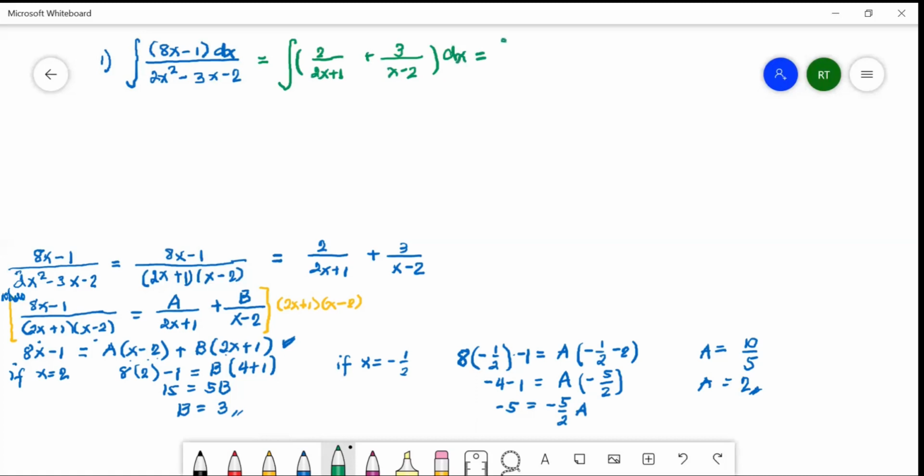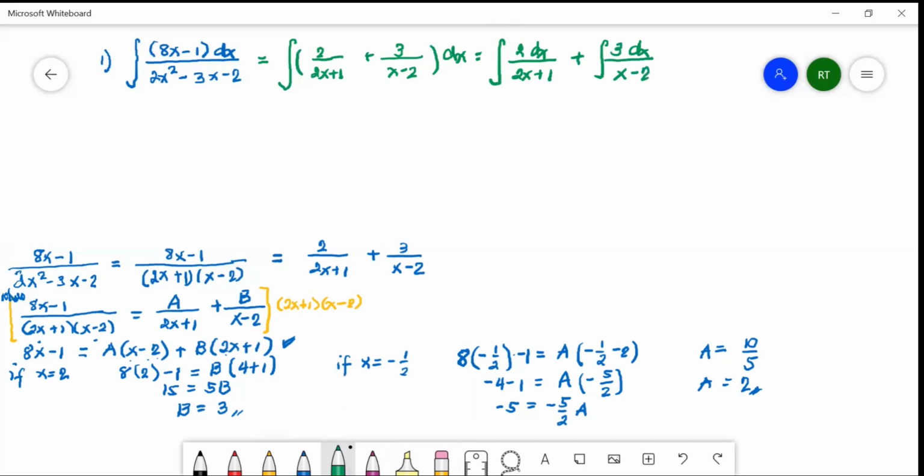And we can write this as a sum of integrals, okay? Let me just write this as the integral of 2 times the differential of x over 2x plus 1, okay, then plus the integral of 3 times the differential of x over x minus 2.